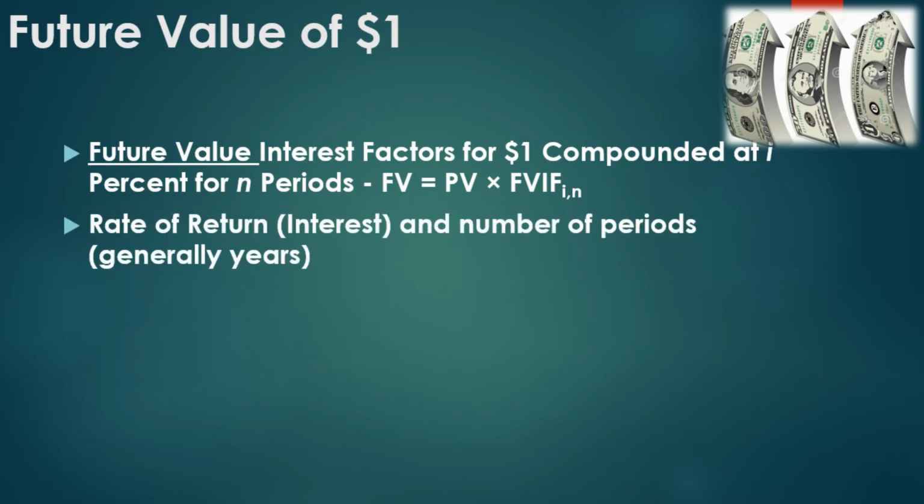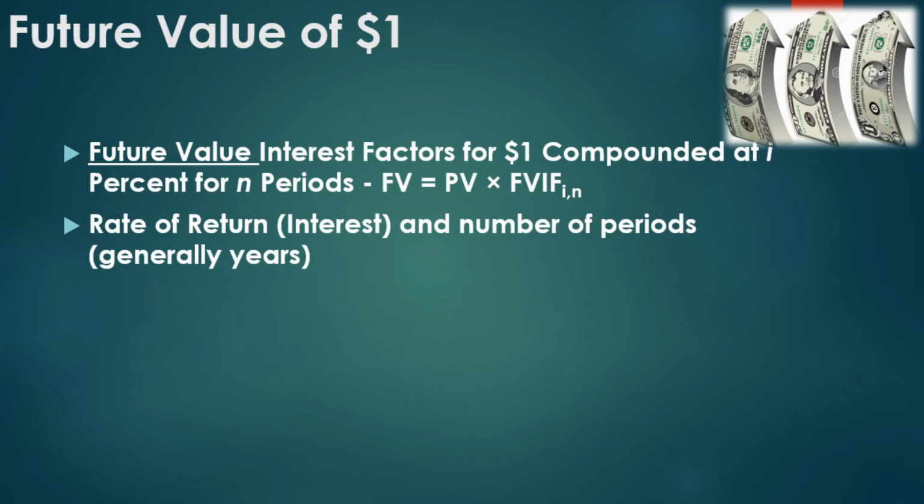So what we're talking about here is we're given a rate of return interest, which they're calling I, for the number of periods, n, which is generally years, to come up with, if I invest something now, given a rate of return, given a number of periods, how much will that be in the future? How much it will be worth in a future period.